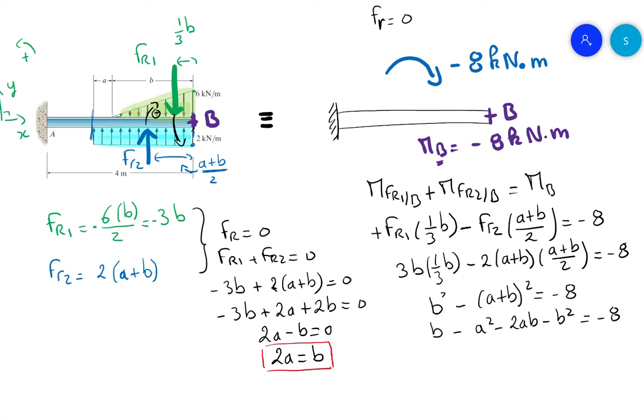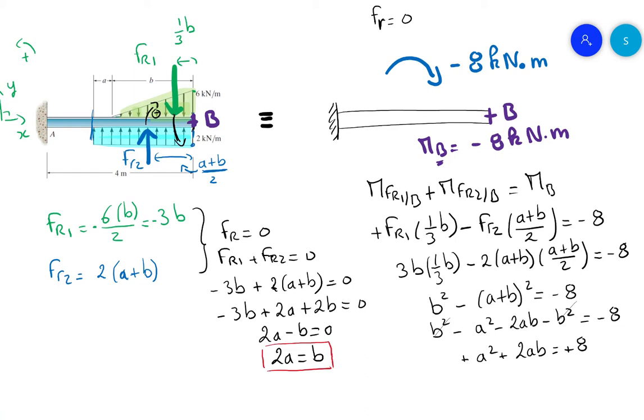Oh, I forgot the square there. Sorry, B squared. So B squared minus B squared cancels. So we ended up having minus A squared minus 2AB is equal to -8. Okay, we can put plus, plus, plus.